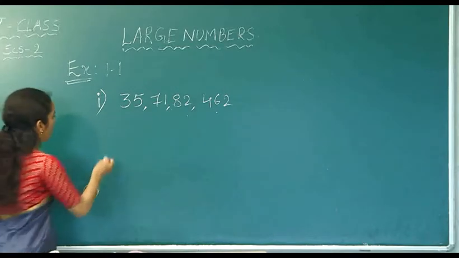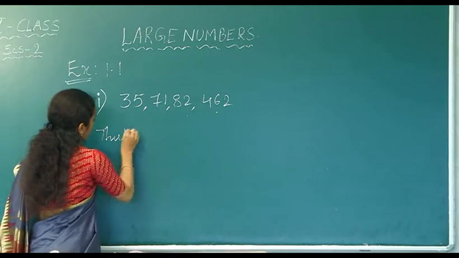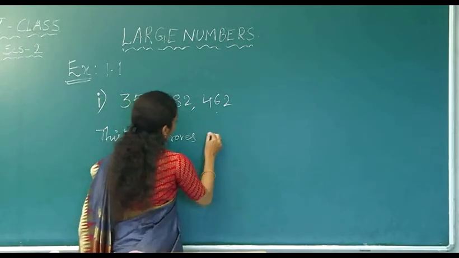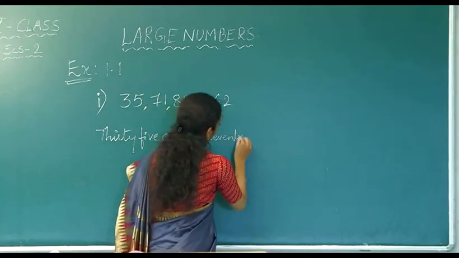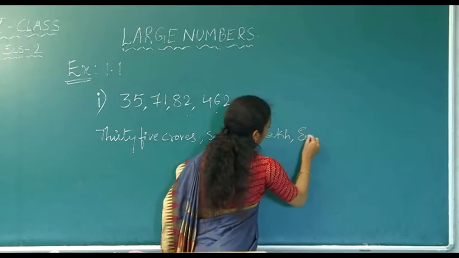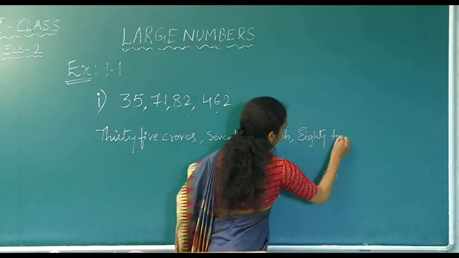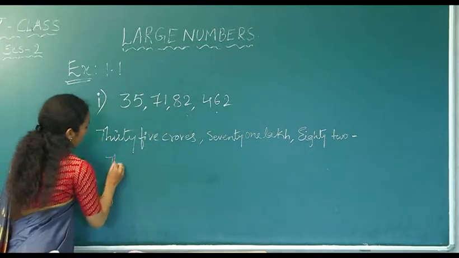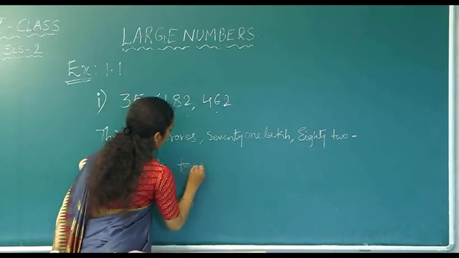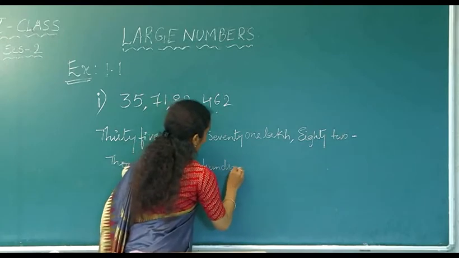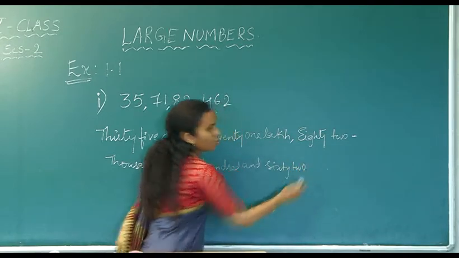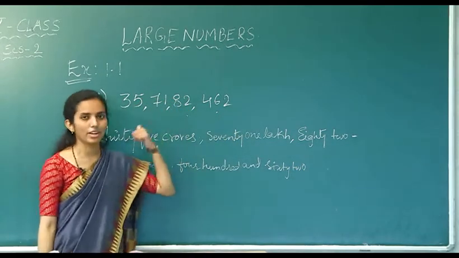So how do we write it in the word form? 35 crores, 71 lakh, 82 thousands, 462. So this is how we write the number names of the given digit.